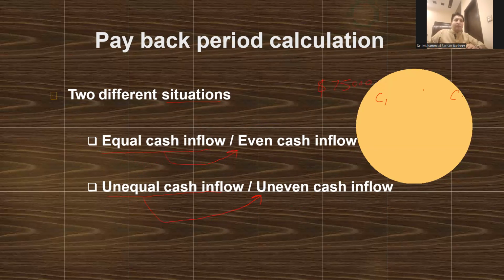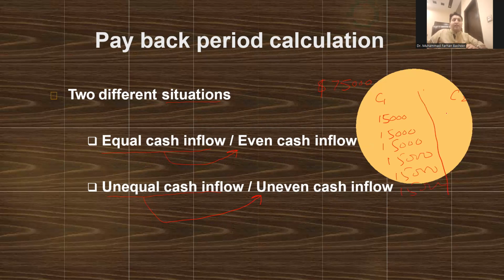Case 1, case 2. In case 1, the firm is generating equal cash flow of $15,000 each year, suppose for 6 years. These are equal cash flows.